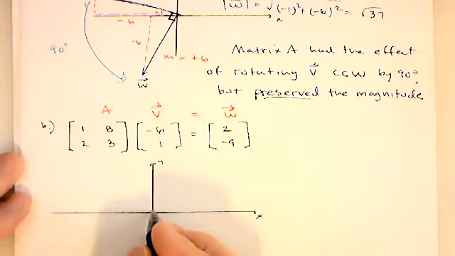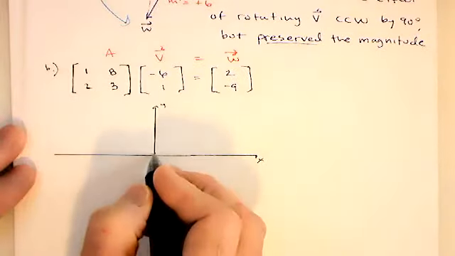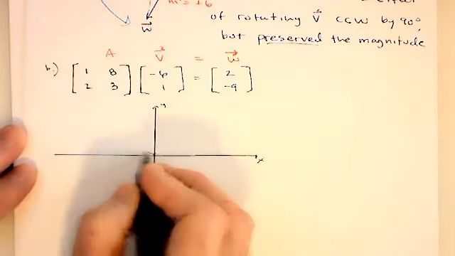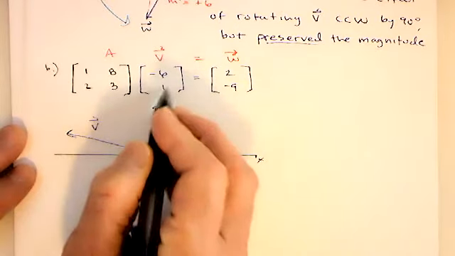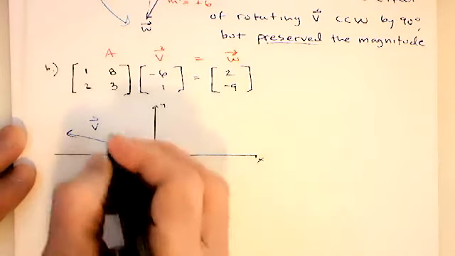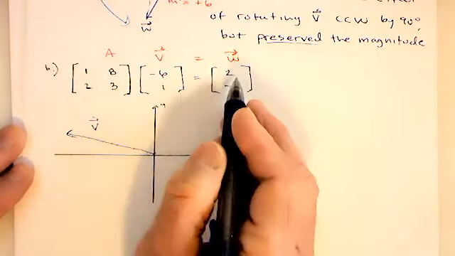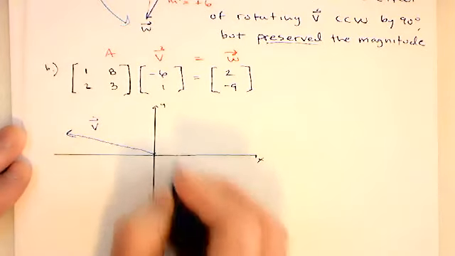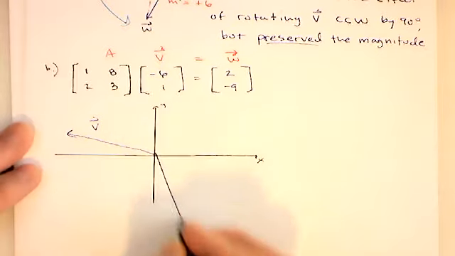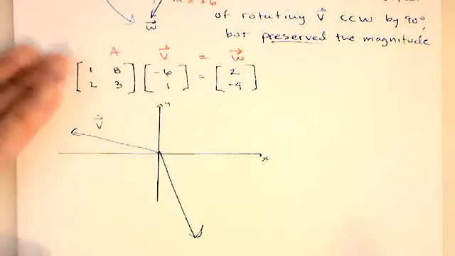Well, vector V, negative 6, 1, was going off in this direction. We know the magnitude was the square root of 37. Vector W, 2, negative 9, over 2 down 9, would be a vector going off in this direction.